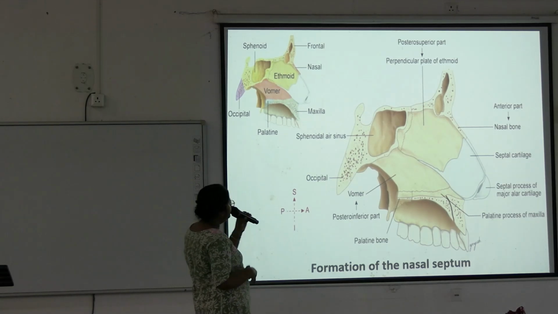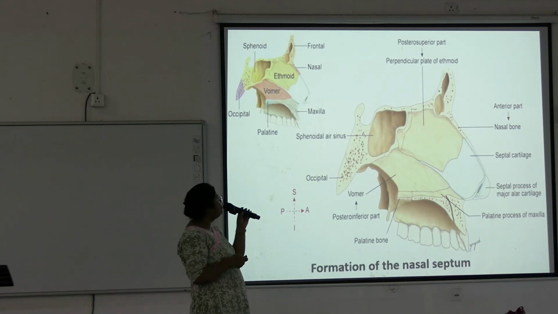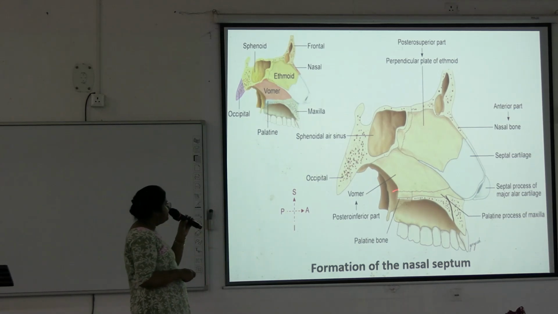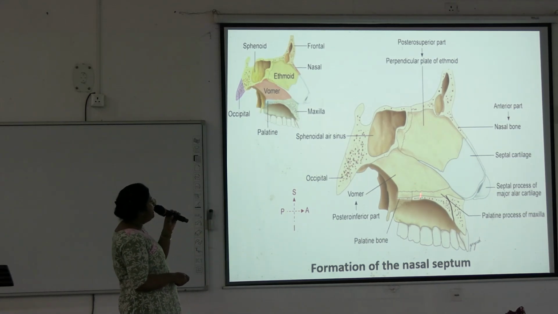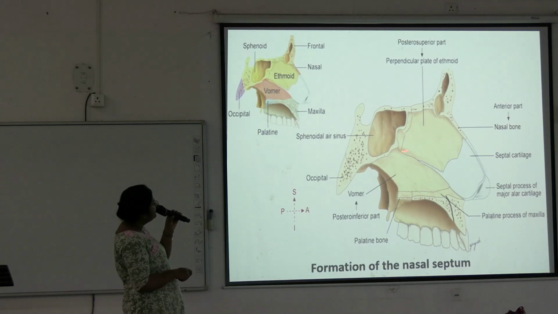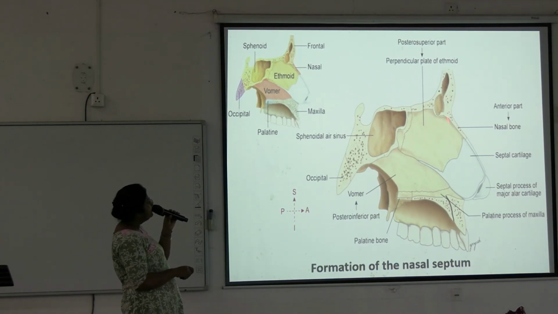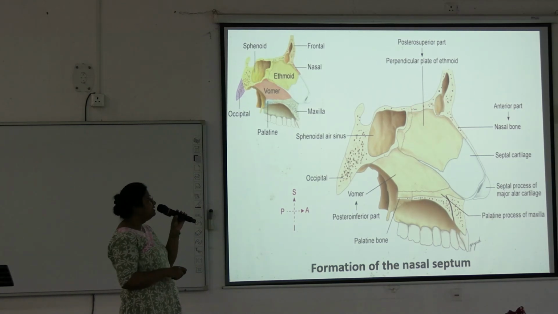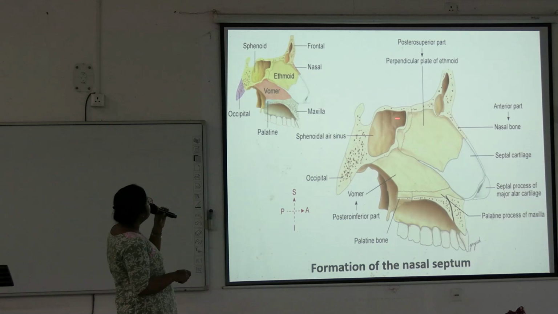Other bony processes taking part in formation of the nasal septum: you can see the palatine bone, palatine processes of the maxilla. Here is the sphenoidal crest, and here the nasal bone and part of the frontal bone. All these are taking part in formation of the nasal septum.